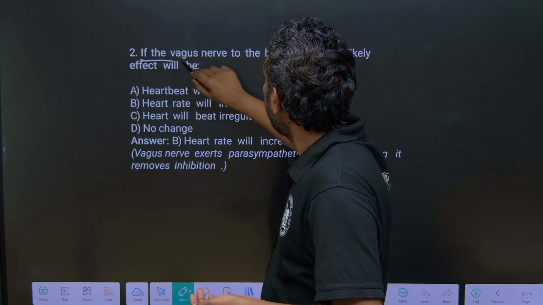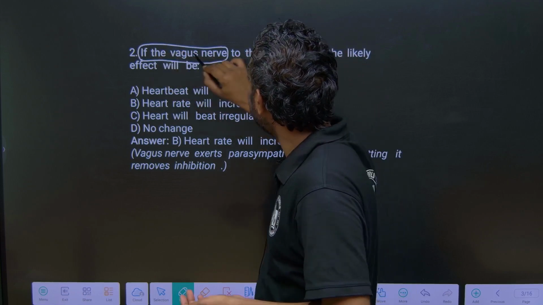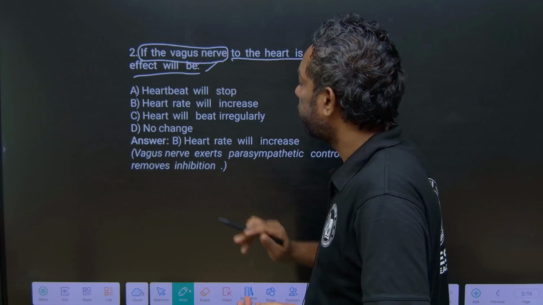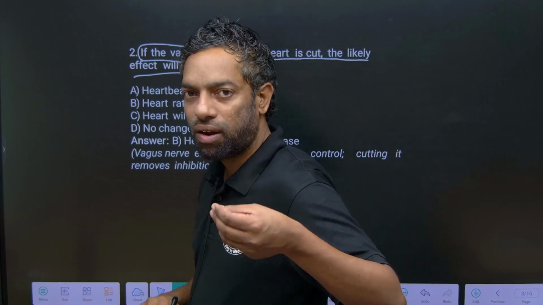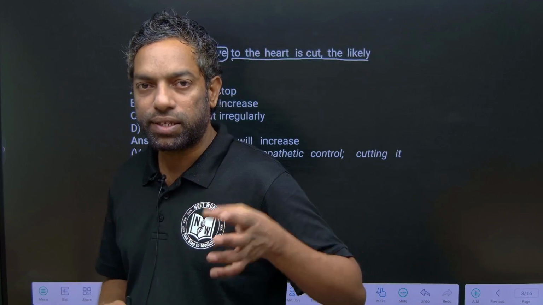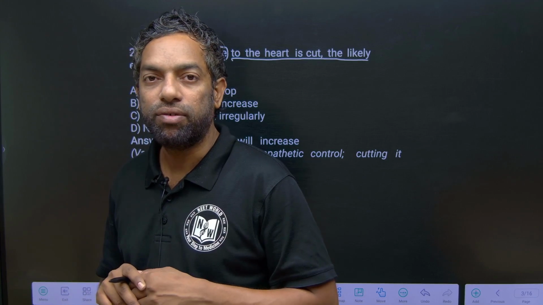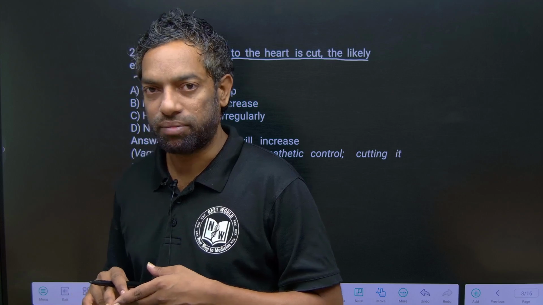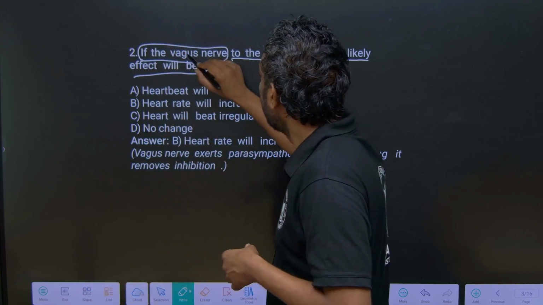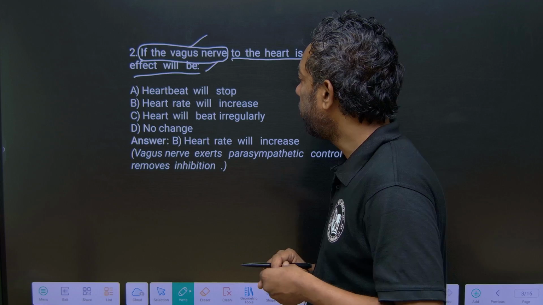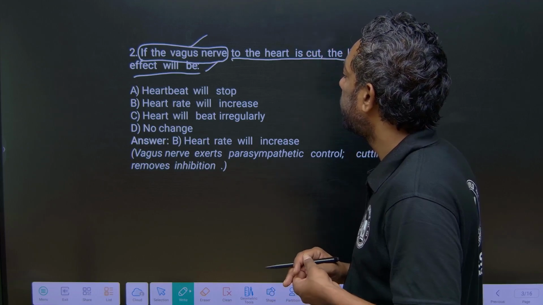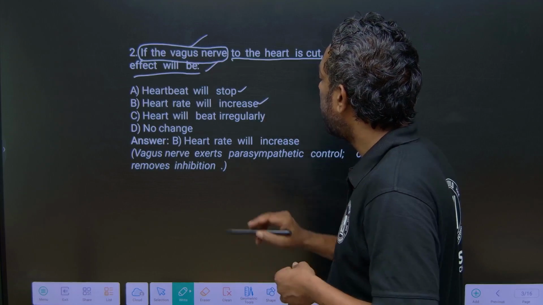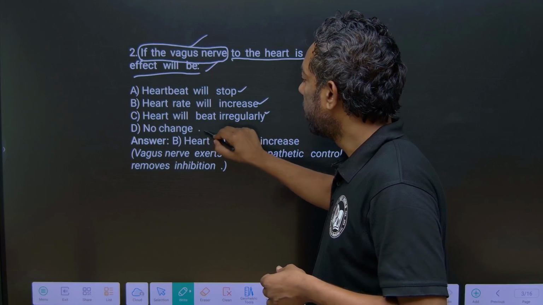if the vagus nerve to the heart is cut, what is the likely effect? The vagus nerve is the largest nerve of the peripheral nervous system connected to the central nervous system. The options: the heartbeat will stop, the heart rate will increase, the heart will beat irregularly, there is no change.